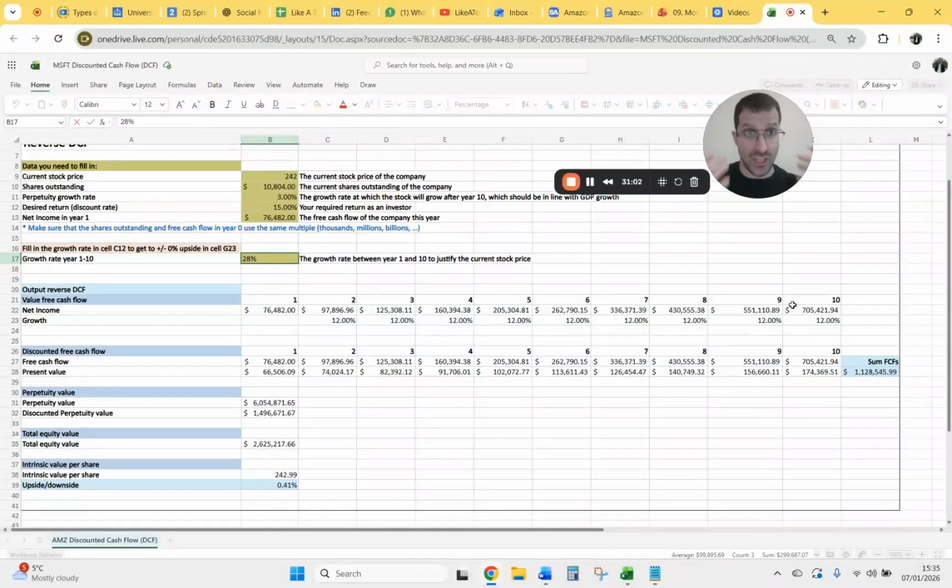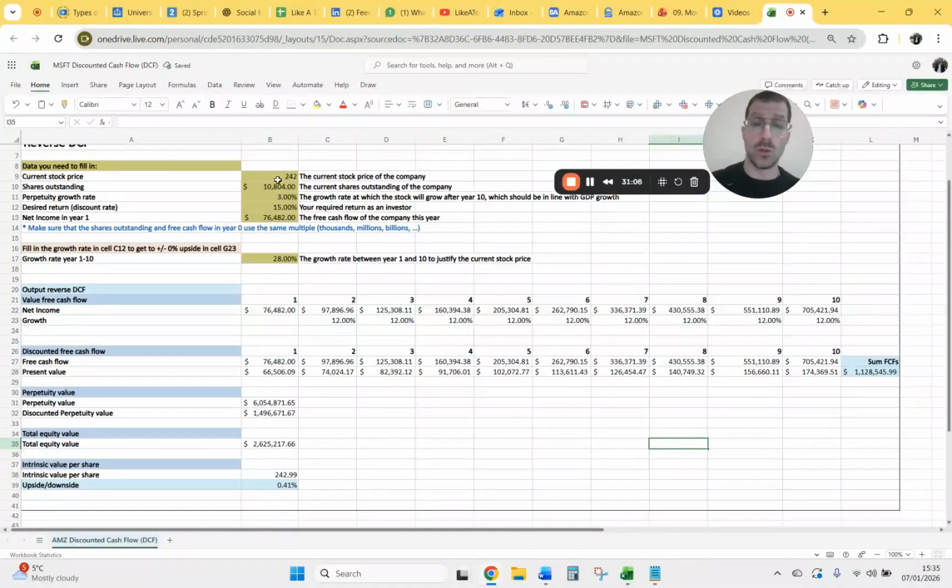If you think it's reasonable, then you could buy Amazon today. If you think this is well over exuberant, then this is not the price to pay. As simple as that. Okay, and this is it, guys. So this is the essence of the DCF and the reverse DCF and how investors use it.